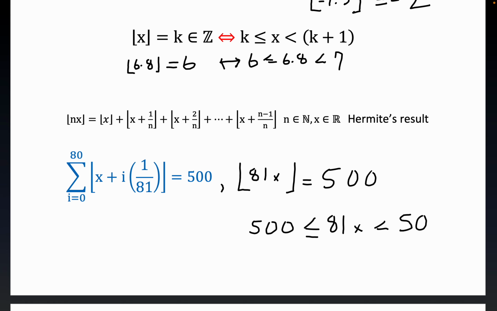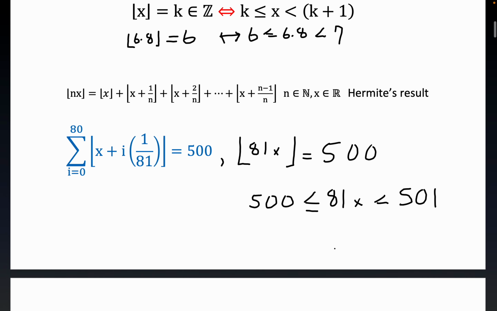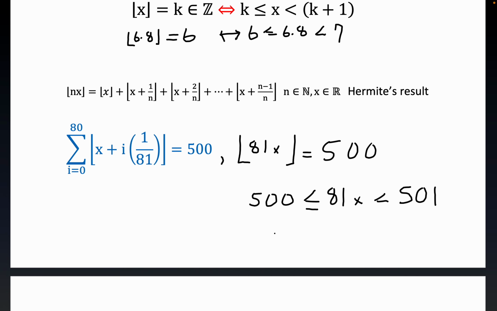All I did was use 81x in lieu of x here. Remember, x can be any expression at all. Now notice this sandwiches nicely. If you divide through by 81, you won't change the sense of the inequality.